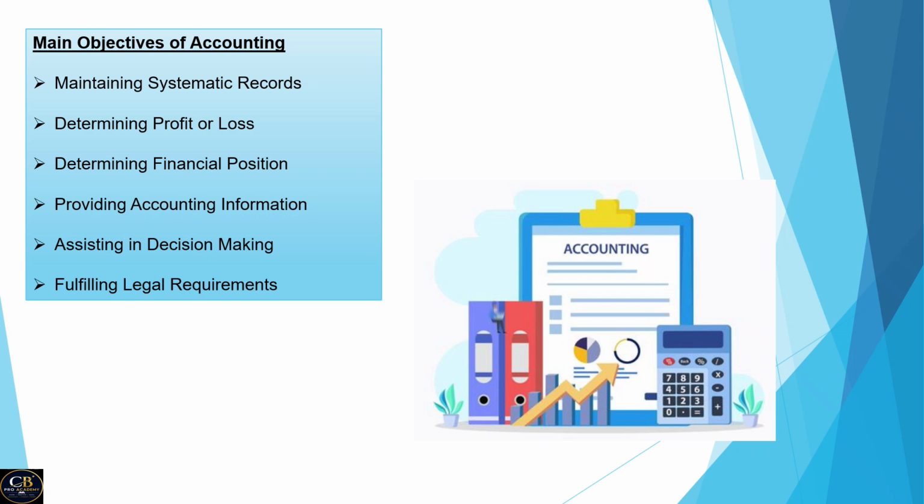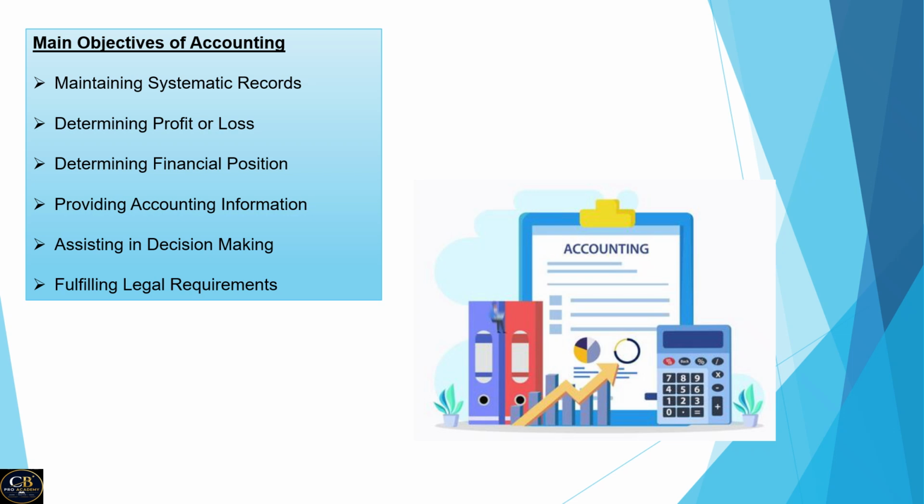Now let's see what are the main objectives of accounting. Main objectives of accounting are: number one, maintaining systematic records. Number two, determining profit or loss. Number three, determining financial position.